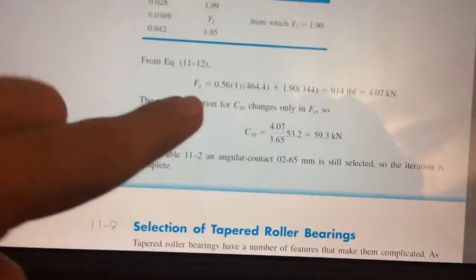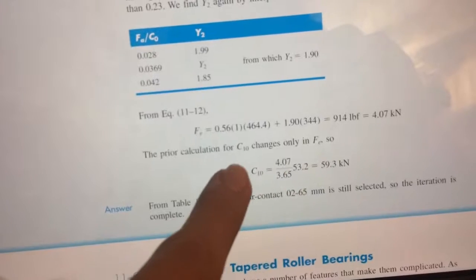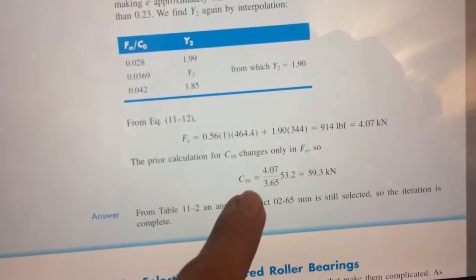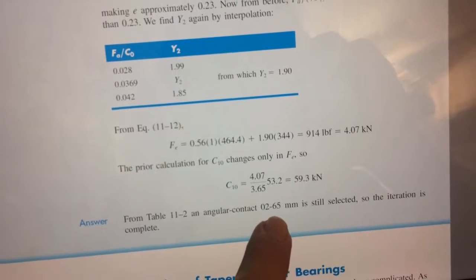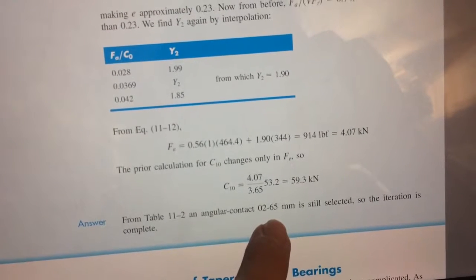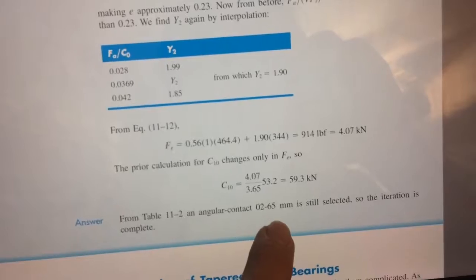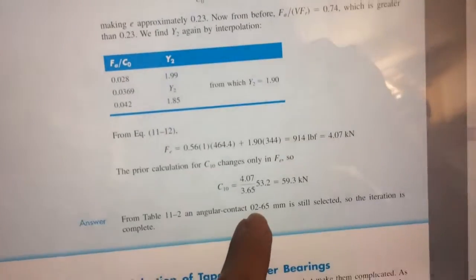So let's see what happened here for FE. Did they ever get 4.064? They got FE of 4.007, and in the prior calculation C10, they got 59.3, and once you plug it in, it's still going to be 65 millimeters.